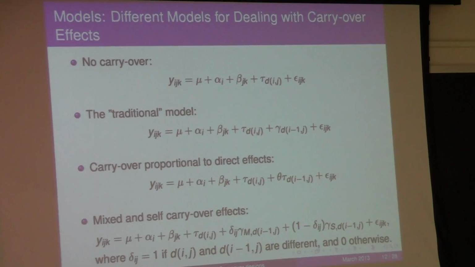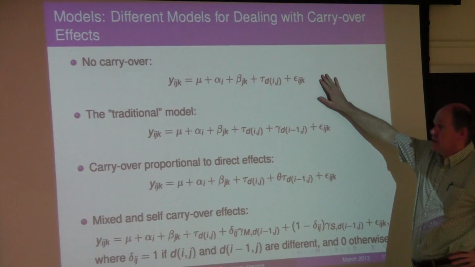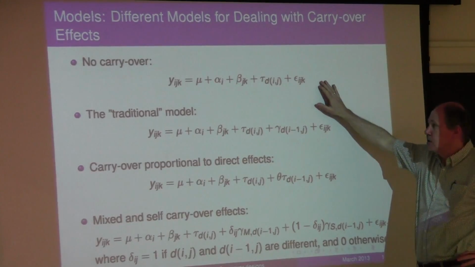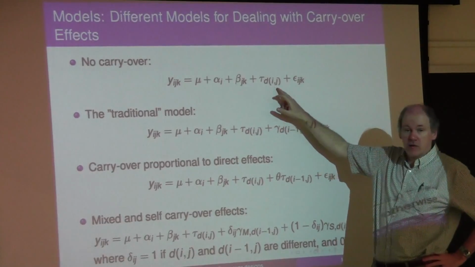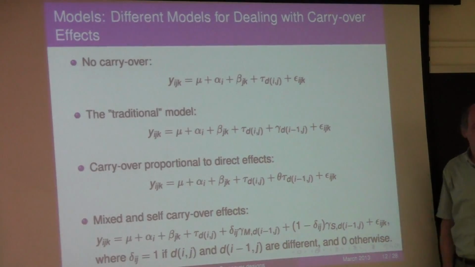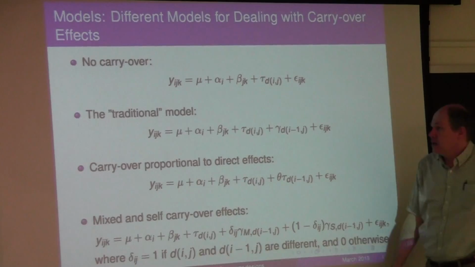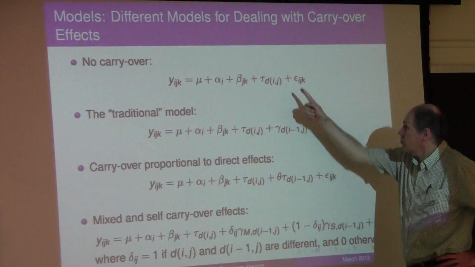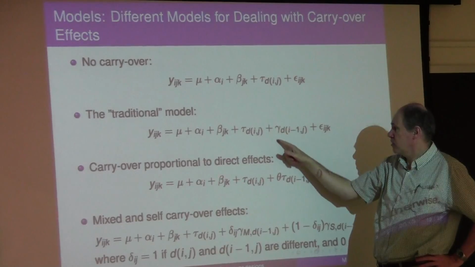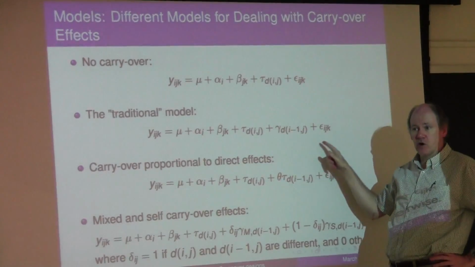And here are 4 different models. The first one is the model that has no carryover effects in it. So it's just period effects, subject effects, and direct treatment effects. Then the second model, which I'll refer to as a traditional model, is the same as the first, except it has this additional term for the carryover effects.